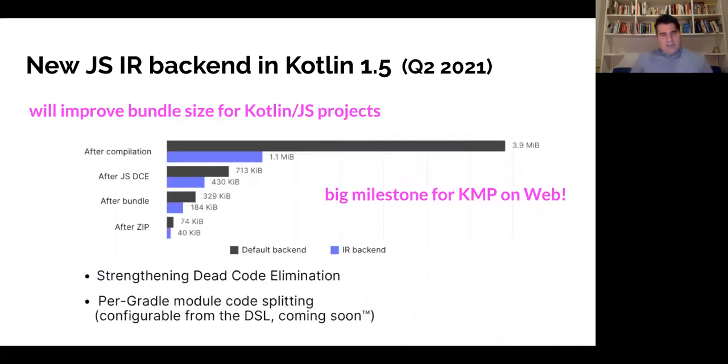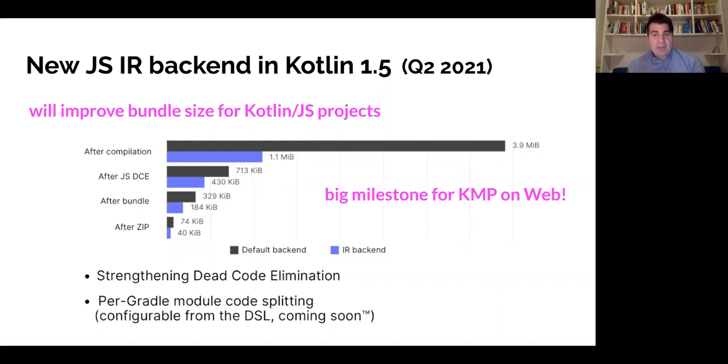Talking about web, there is something very important coming up with Kotlin 1.5 in the second quarter of this year, which is the new JavaScript IR backend. This is going to bring a lot of improvement to Kotlin JavaScript, and specifically in terms of bundle size.